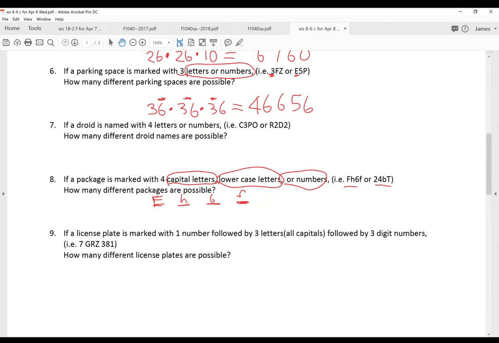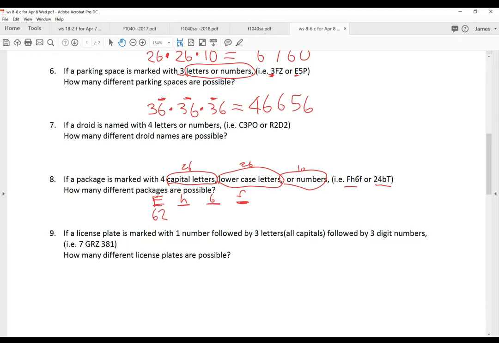Anyways, so now how many are possible to fill the first space with? So there are 26 capital letters, 26 lowercase letters, and 10 numbers. So altogether, you could either fill with 62 different possibilities.